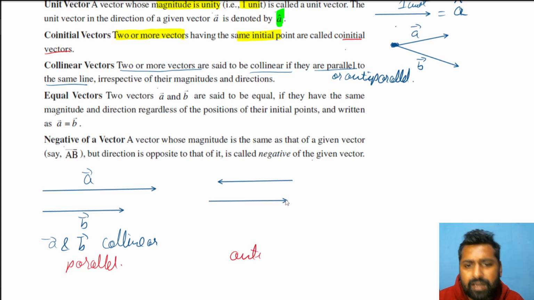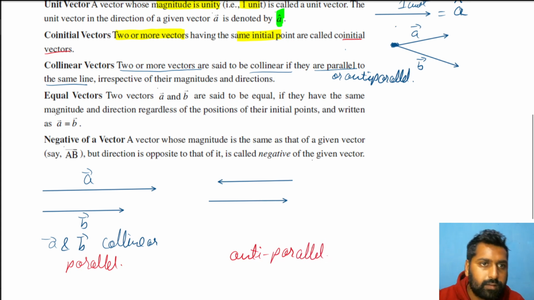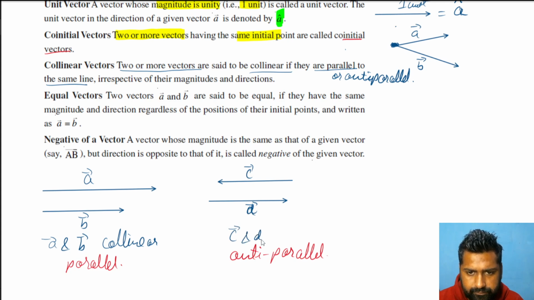The lines are parallel but the directions are opposite. Let's name them something else: c vector and d vector. The directions are opposite, still they are collinear.